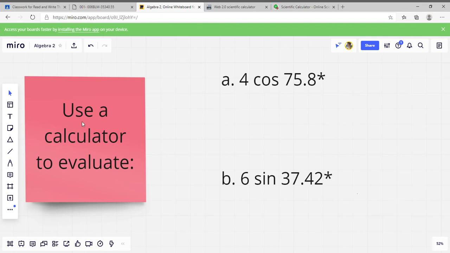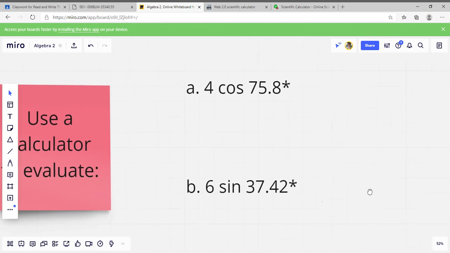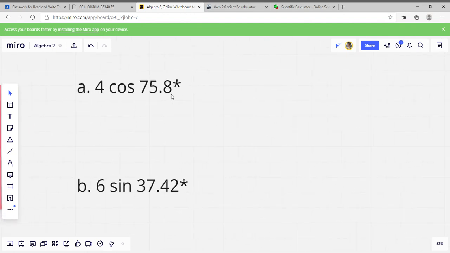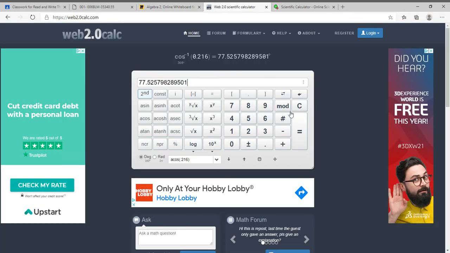A and B say use a calculator to evaluate. So this says 4 cosine 75.8. When I did this on my regular handheld scientific calculator, I can just type in 4 cosine 75.8. But if I do that on this calculator, it's making the 4 be the degrees, and we need the 75.8 to be the degrees.